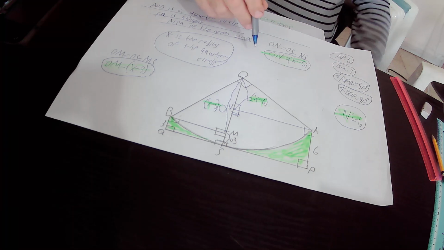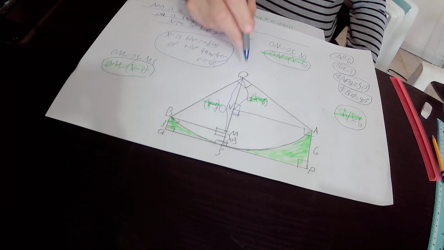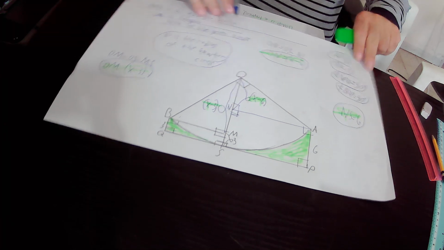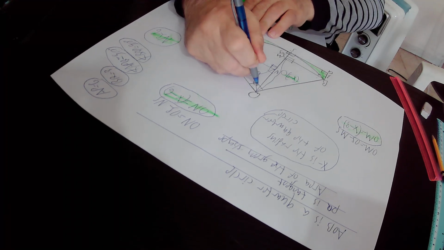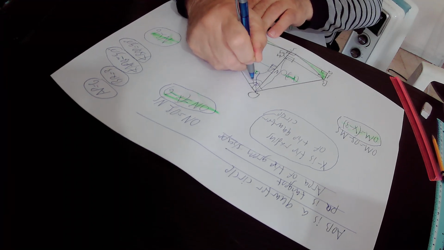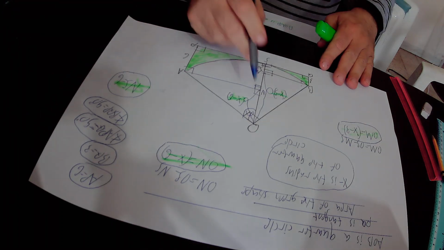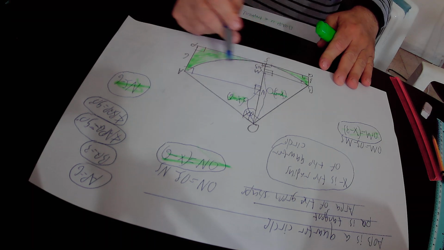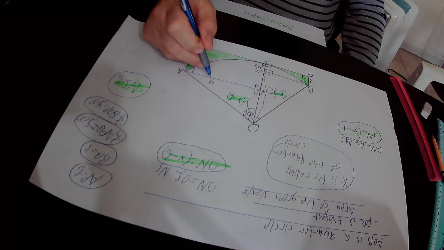The next step will focus on this right triangle OAN, and we define this angle AON as alpha. So in the right triangle OAN, this angle equals alpha, this angle equals 90 degrees, therefore the missing angle must be equal to 90 degrees minus alpha.